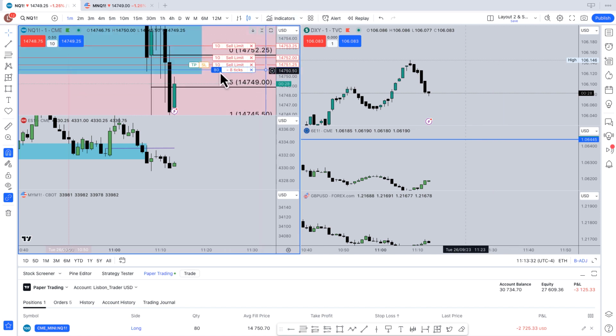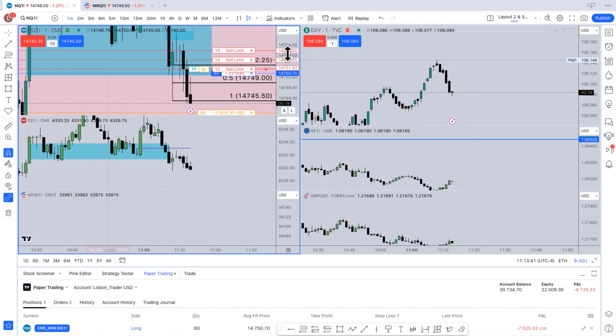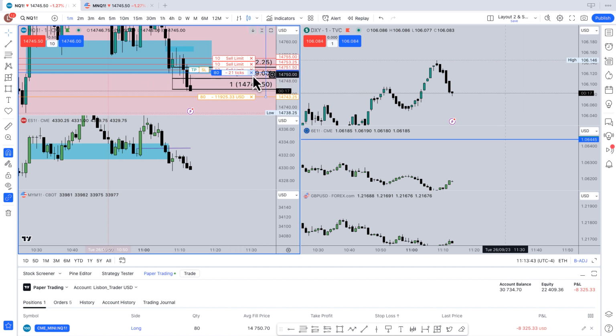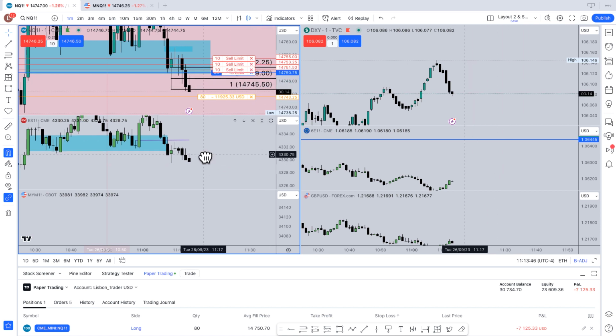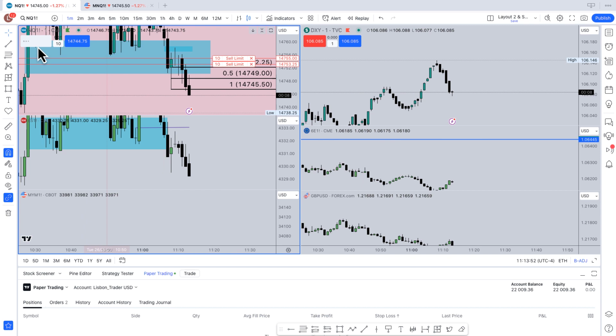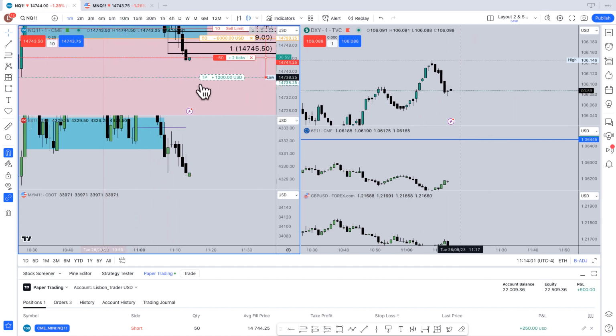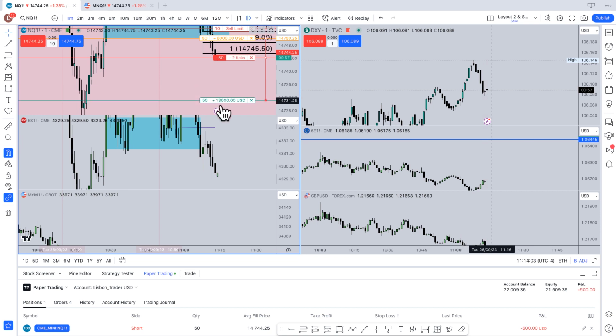There. Now push it higher. It's going for the sell stops. Forget about that, it's not doing it. So this thing wants to go lower, definitely.